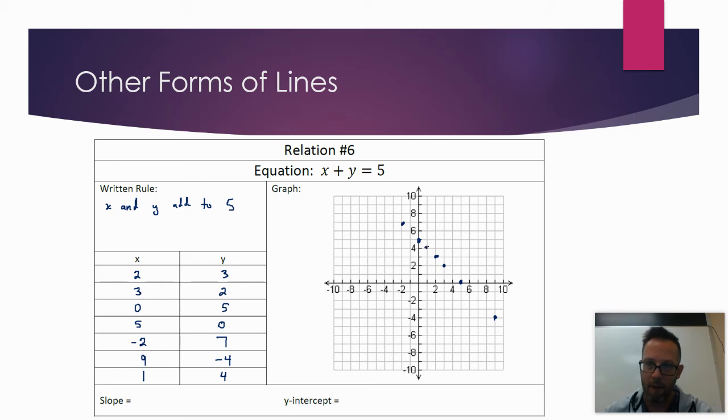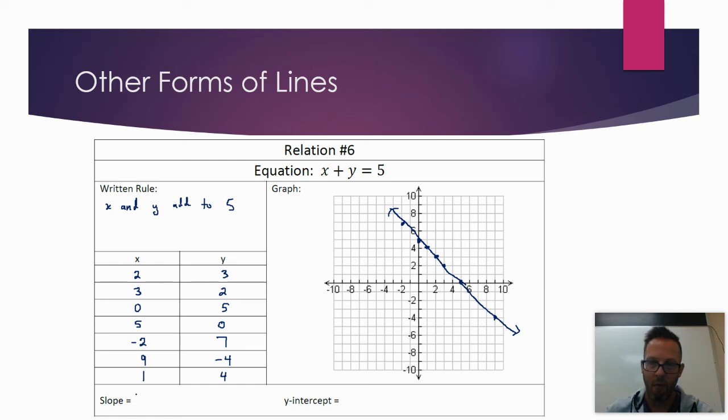Well, look at that. All these points definitely look to be on the same line. That's because this relation actually does give you a line. It's just not in slope-intercept form. The slope of this line, as you can see between each point, we're going down 1, right 1, down 1, right 1.